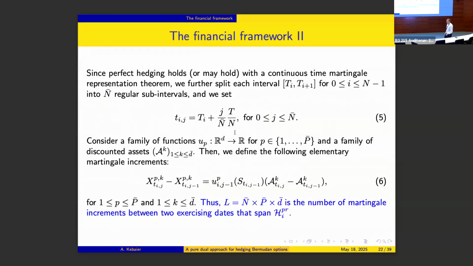However, what I said previously is that I don't only need to give a price for the Bermudan option, but I want to provide a hedging portfolio, using tradable assets. Of course, if you want to have a perfect hedge, it's known from the theory that you need a continuous time martingale, and you need to continuously rebalance your portfolio in order to replicate the option.